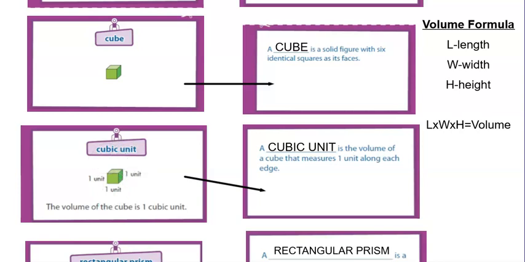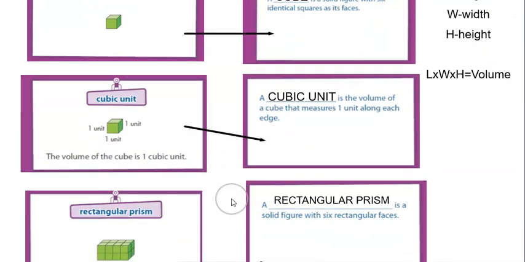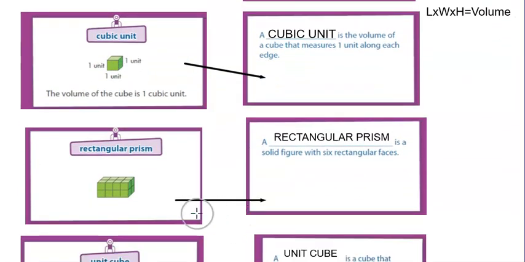A cubic unit is the volume of a cube that measures 1 unit along each of its edges or sides. The edge is kind of talking about this bottom portion and then that side portion. All of those are what we call edges. A rectangular prism is going to be all of these little boxes or cubes put together.